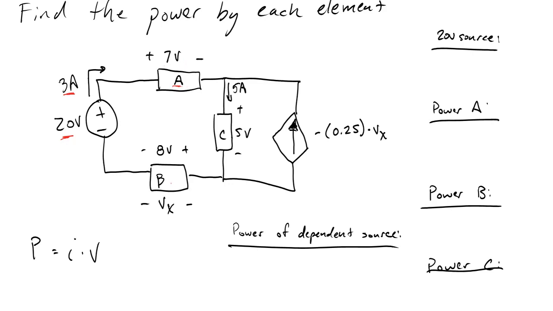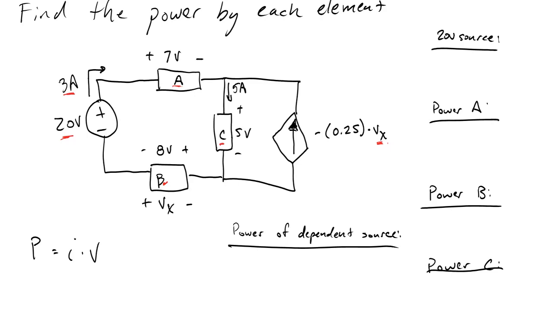Element B has 8 volts going across it, along with this voltage marking, Vx. Element C has 5 volts going across it, along with 5 amps going through it. And finally, we have this dependent current source that's dependent on this Vx over here.